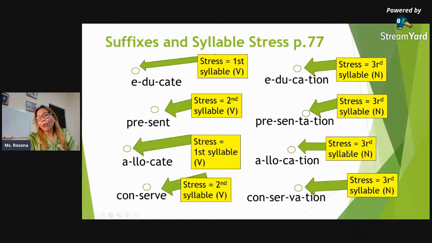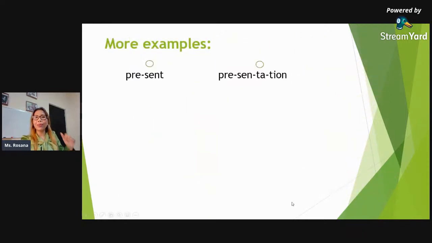And the four syllable words are stressed on the third syllable. And these are all nouns, right? So we say education, presentation, allocation, conservation, all right? So the three syllable nouns are stressed on the third syllable. Okay, let's give more examples.